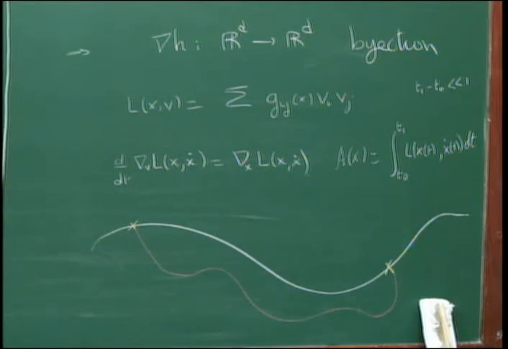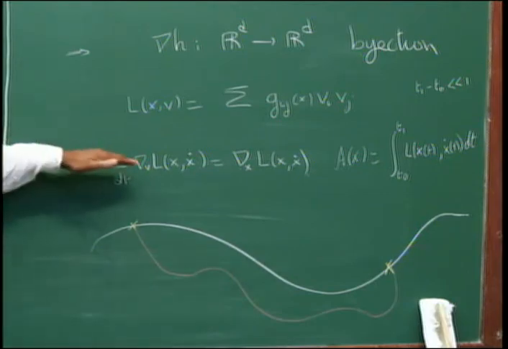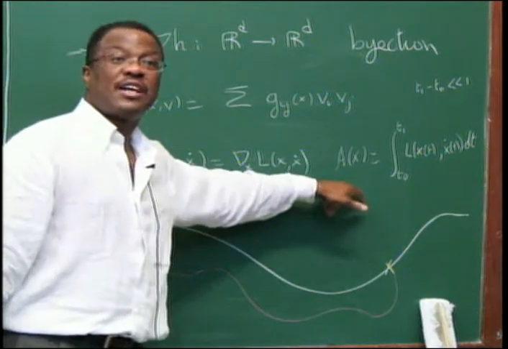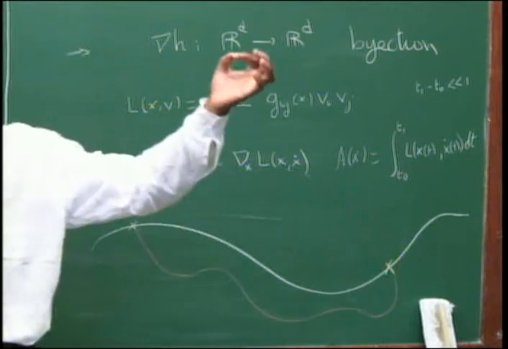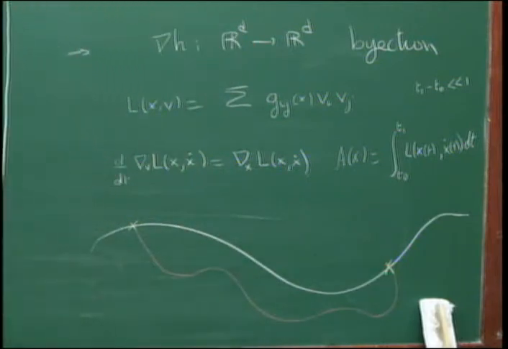And so this property characterizes the minimizer of this action, once I fix any arbitrary 2 points.